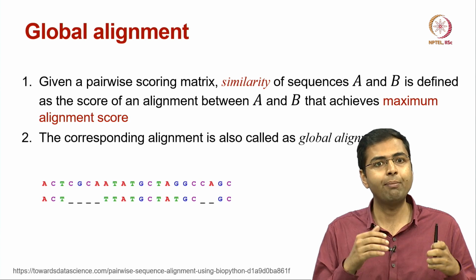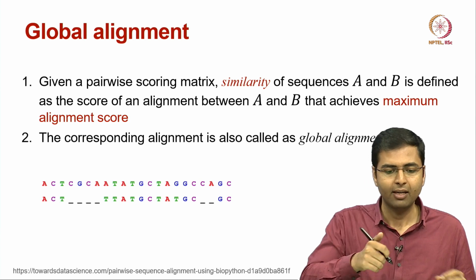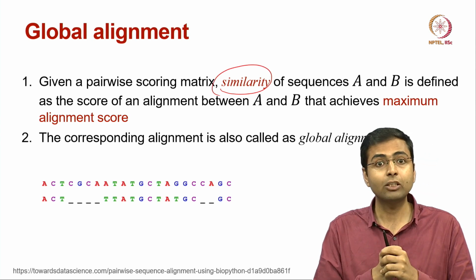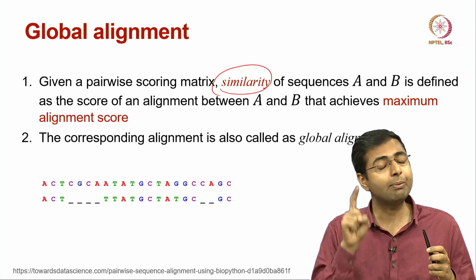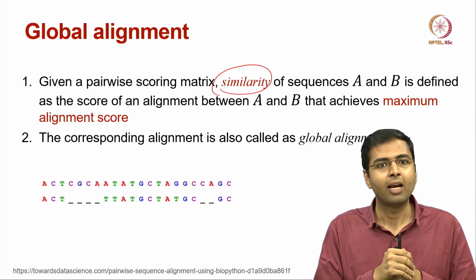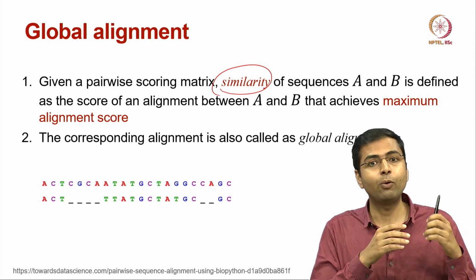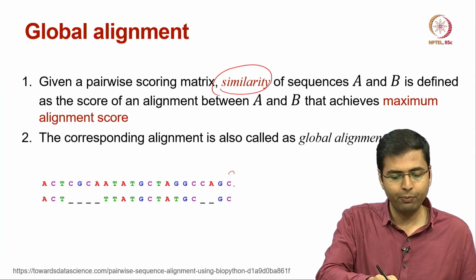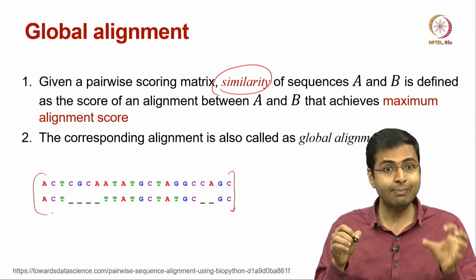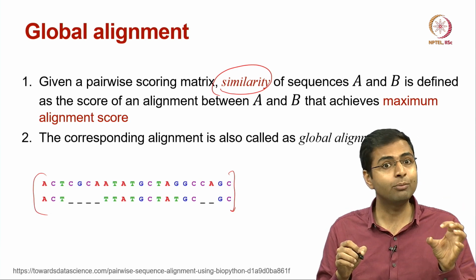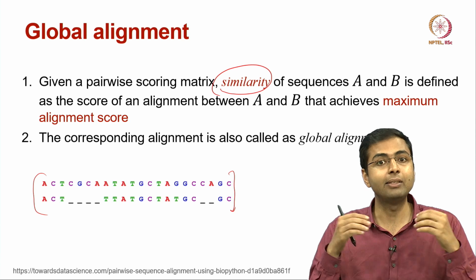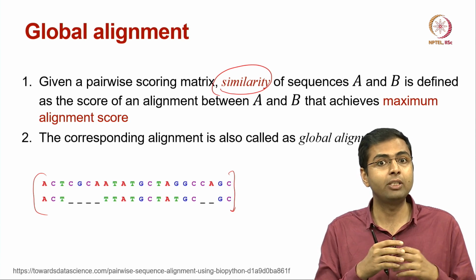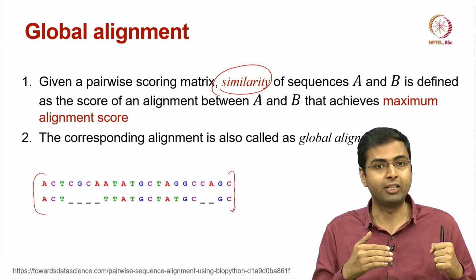As I said, we can now frame an objective function where I define the similarity of two sequences A and B as the score of an alignment between A and B that achieves the maximum alignment score, and the corresponding alignment can be referred to as the global alignment between sequences A and B. So, I am looking for an alignment between these two sequences that achieves the maximum alignment score, and that maximum score I refer to as the similarity between sequences A and B. This is different from edit distance, because in edit distance we were minimizing the edit operations.